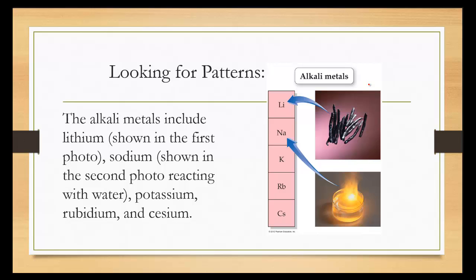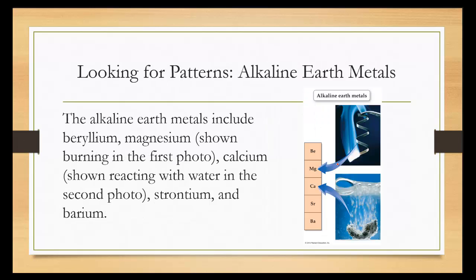They're very reactive with water, which is why you'll see right here sodium's on fire. Alkaline earth metals are also fairly reactive, and they are the second row on the periodic table. They form a +2 charge when they react. And they include beryllium, magnesium, calcium, strontium, and barium.